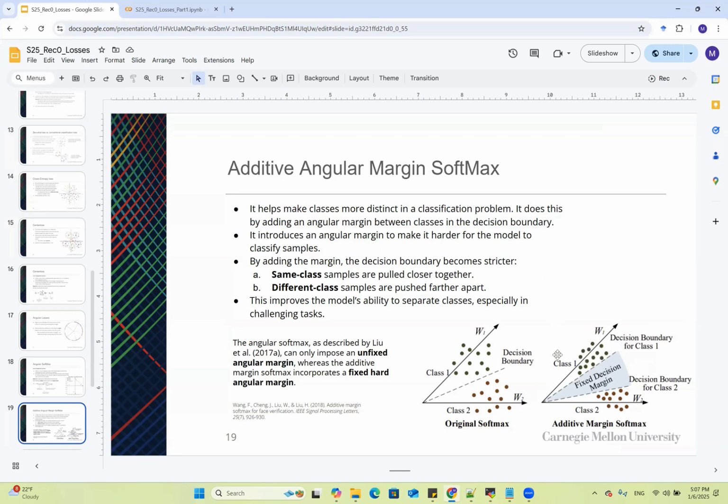By adding the margin, the decision boundary becomes stricter, so same class samples are pulled close together, and different class samples are pushed farther apart. This improves the model's ability to separate classes, especially in challenging tasks. The angular softmax can only impose an unfixed angular margin, whereas the additive angular margin softmax incorporates a fixed hard angular margin.